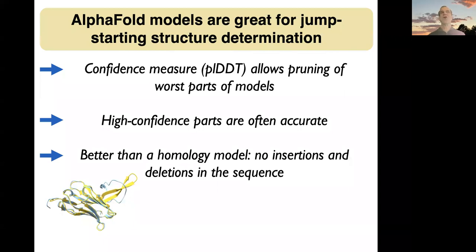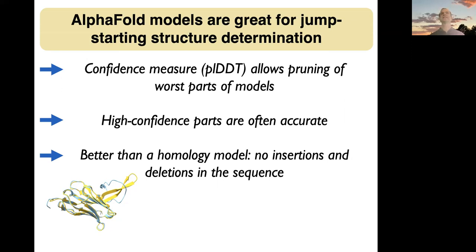The sequence is automatically correctly assigned to the right part of the structure. And if you had a homology model, sometimes you might have a mistake in sequence alignment. There aren't any mistakes in sequence alignment to speak of in these models. So that's really great. That means if you place the beginning and you place the end, those are good. And then you know exactly what residues go in between.